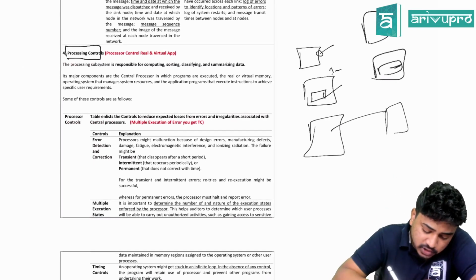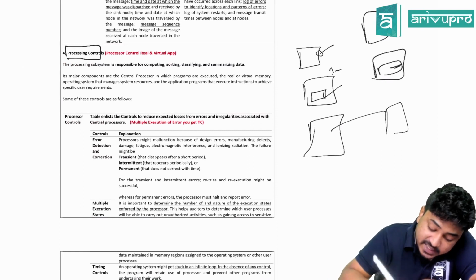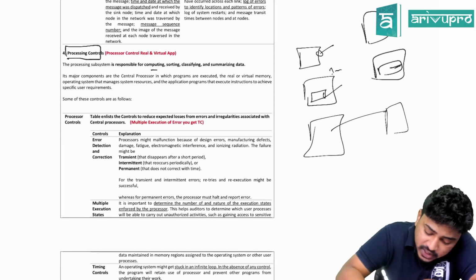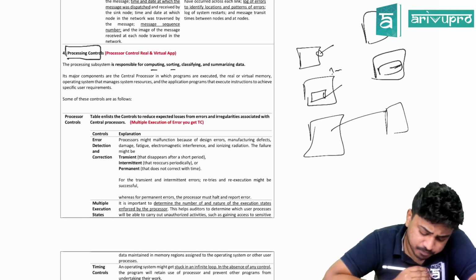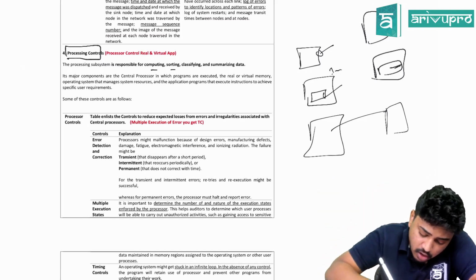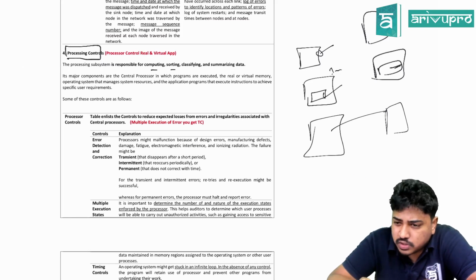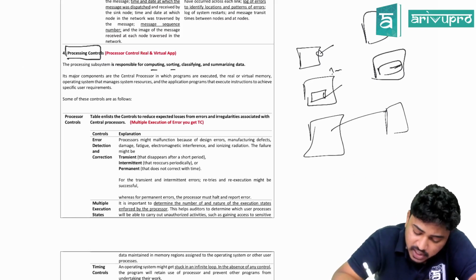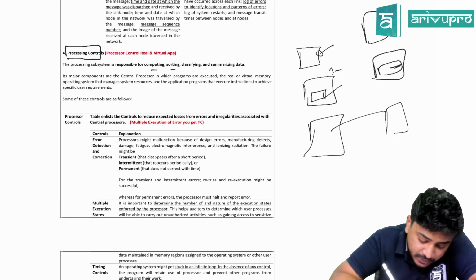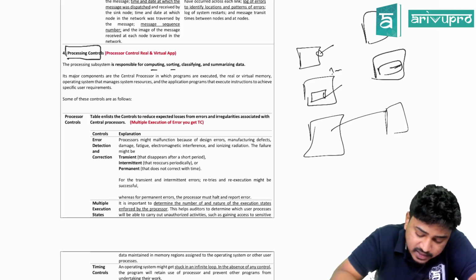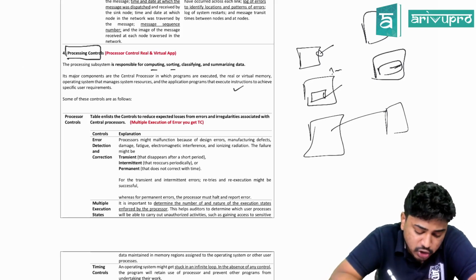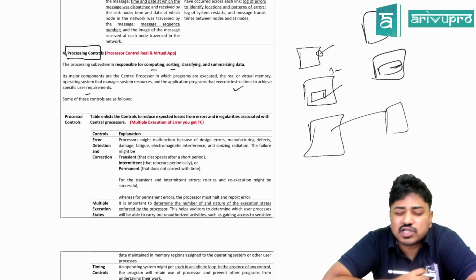The processing subsystem is responsible for computing, sorting, classifying and summarizing of data. The major component is the central processor. Central processor means CPU, in which the programs are executed. Then the real and virtual memory, the operating system that manages the system resources, and the application programs that execute the instructions to achieve the specific requirements.